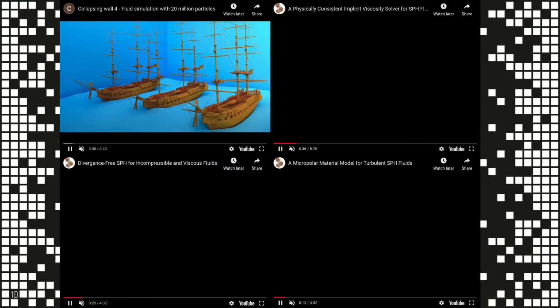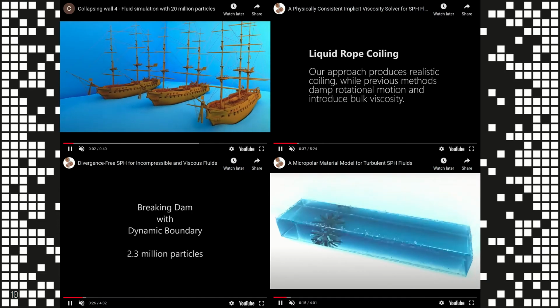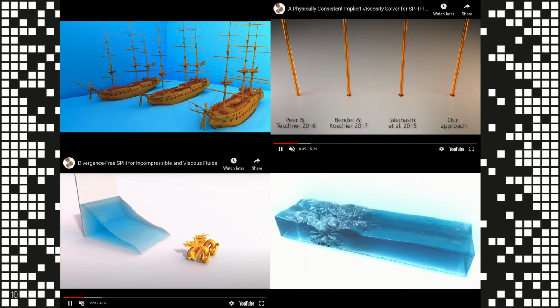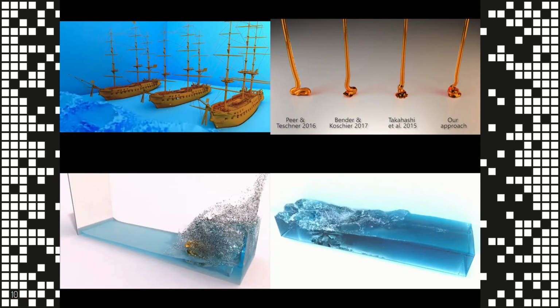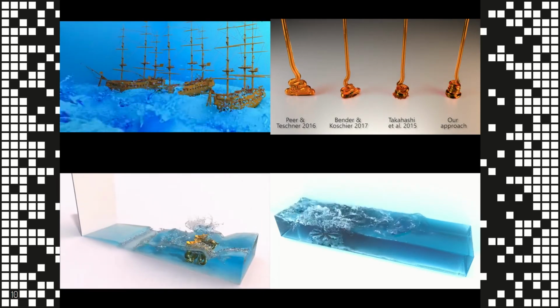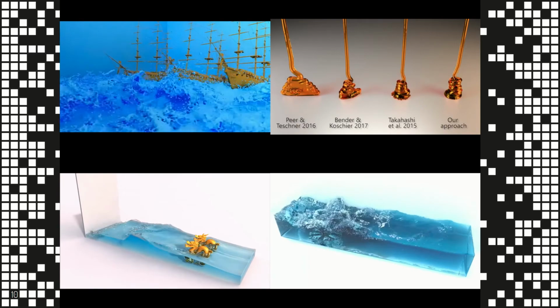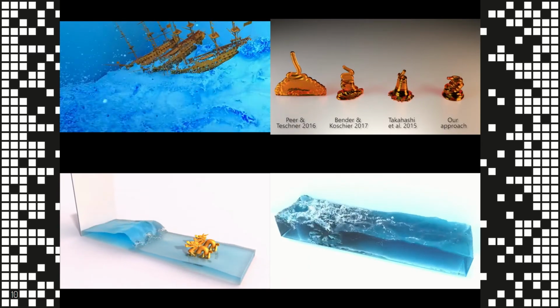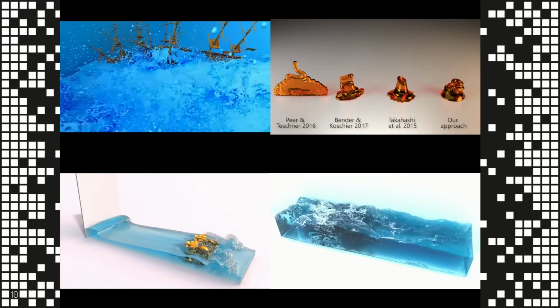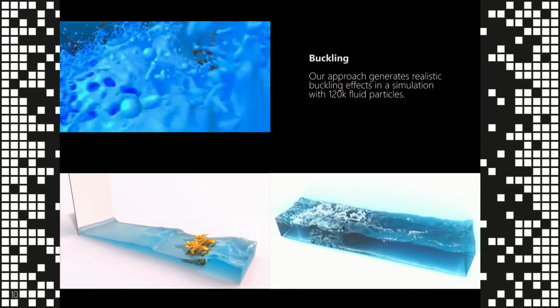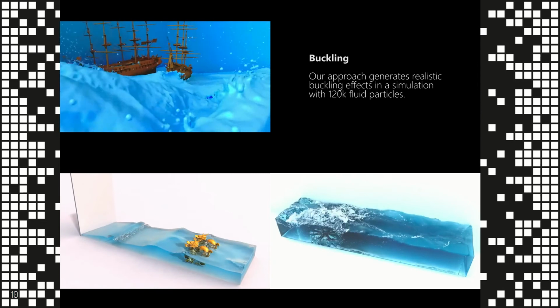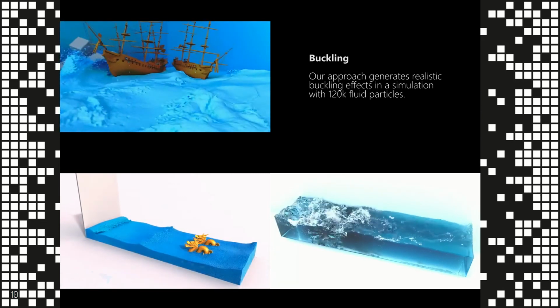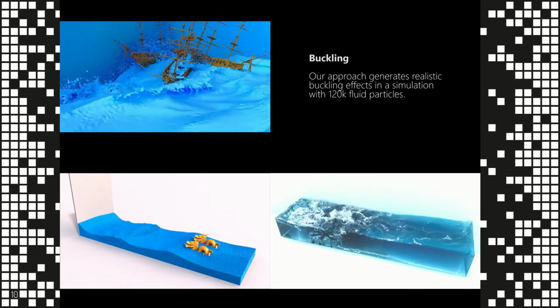So SPH, or Smoothed Particle Hydrodynamics, is widely used in graphics and other areas as well. It's a useful method because it's particle-based and mesh-free, so we don't have to do any meshing. Although obviously we do need to know something about the neighborhood if we're going to implement this efficiently. But it is able to capture quite a wide range of powerful effects, as you can see in some of these images.